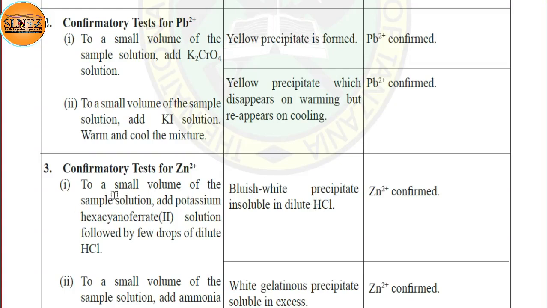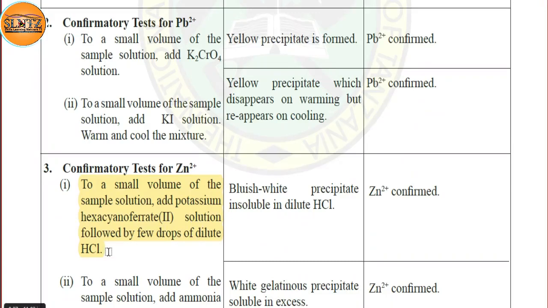So in order to confirm zinc, you see here there is a confirmatory test for zinc. It means you have a small volume of sample solution. You have potassium ferrocyanide solution, followed by dilute hydrochloric acid.